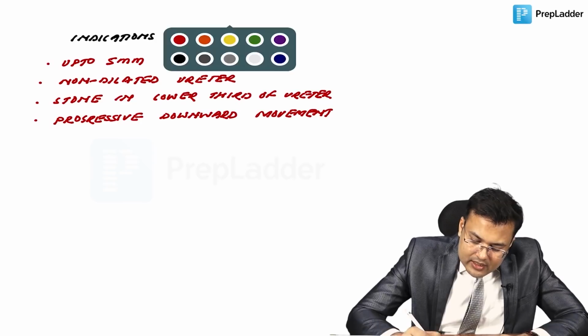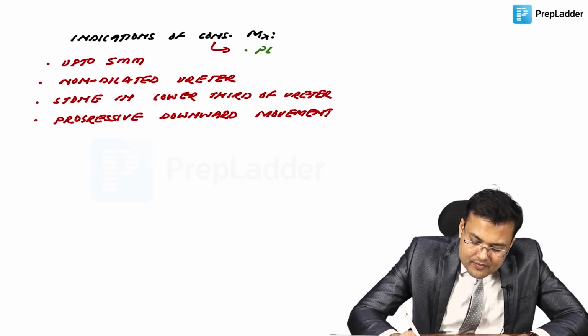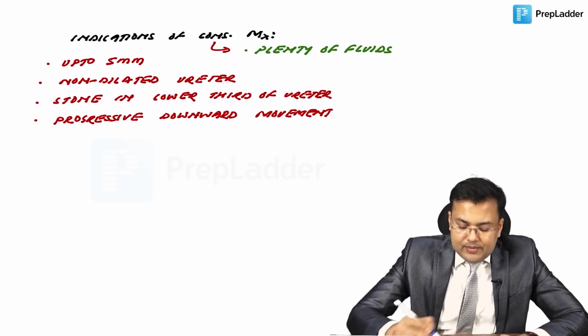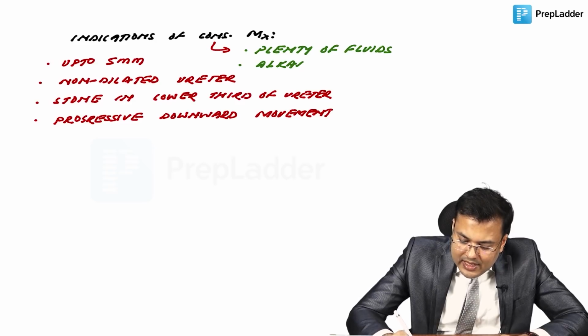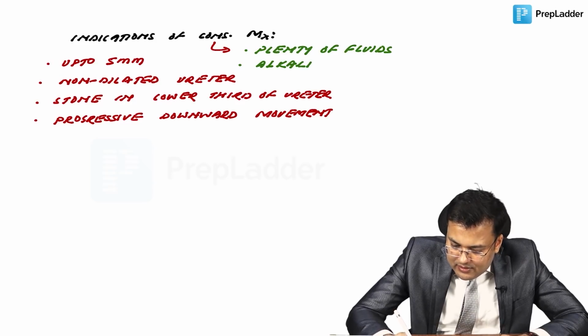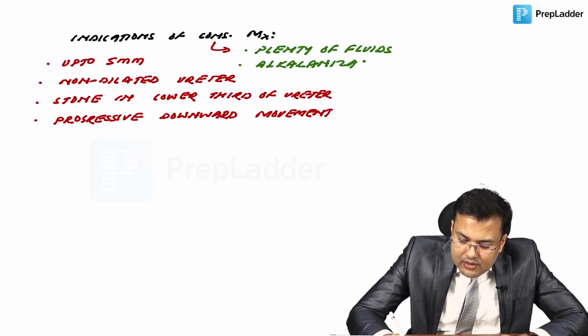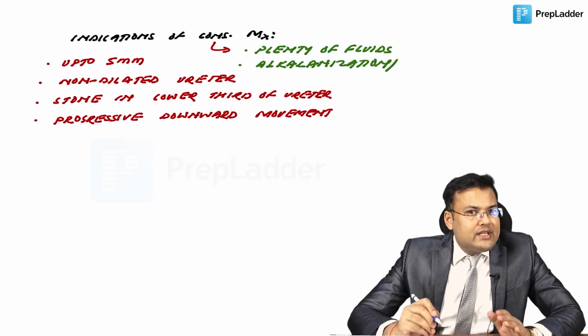So in this conservative management, what are we going to advise? Plenty of fluids, generally 4 to 6 liters per day, and alkalinization. Suppose the stone is acidic.